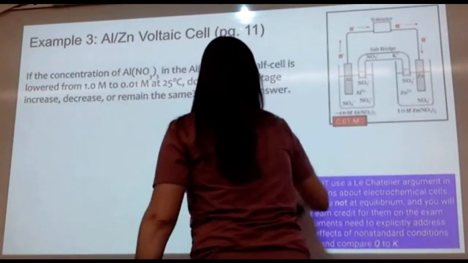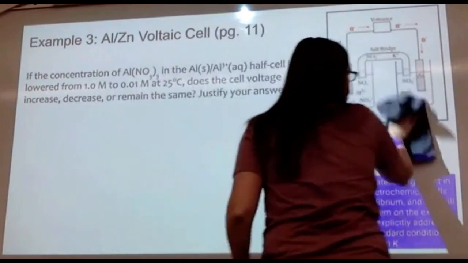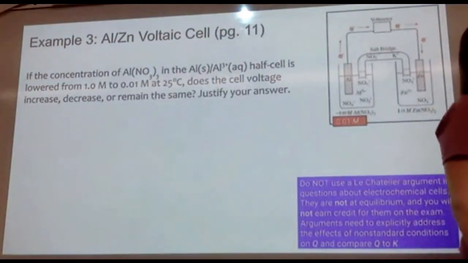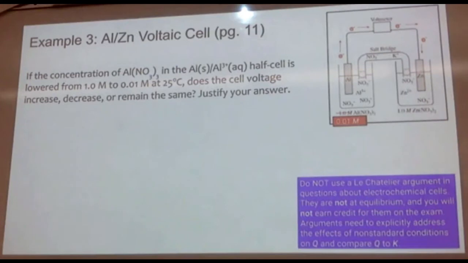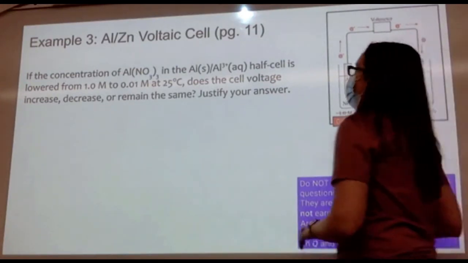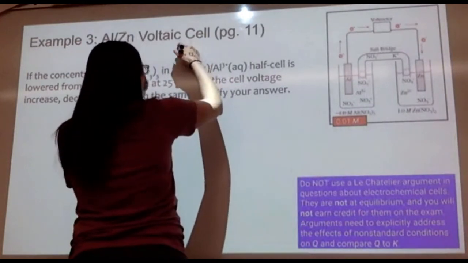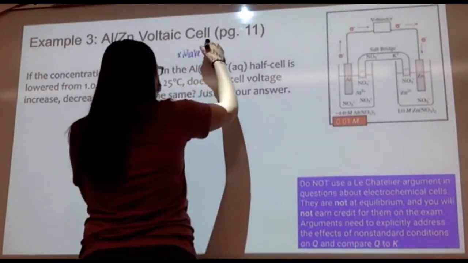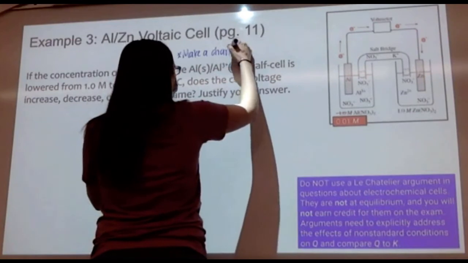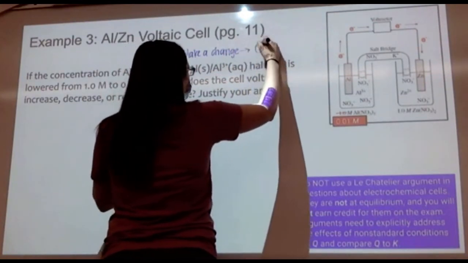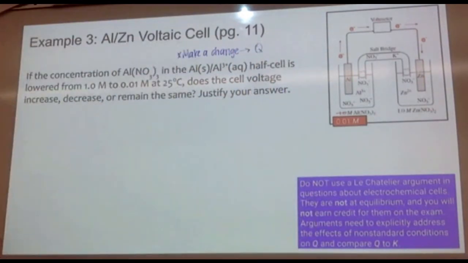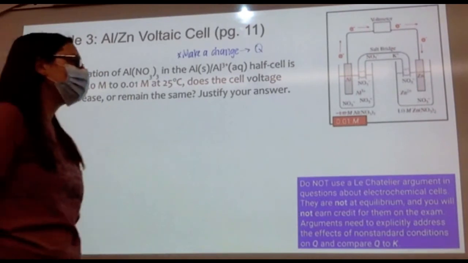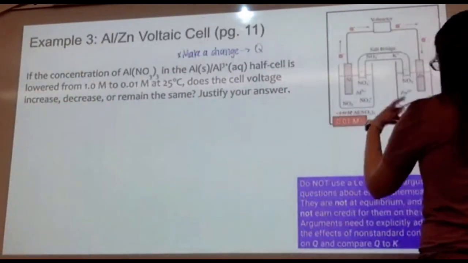When you make a change, you should look at Q. So we want to think about how it affects Q. Now, for some people, they immediately just say, well, I don't know which one is which.